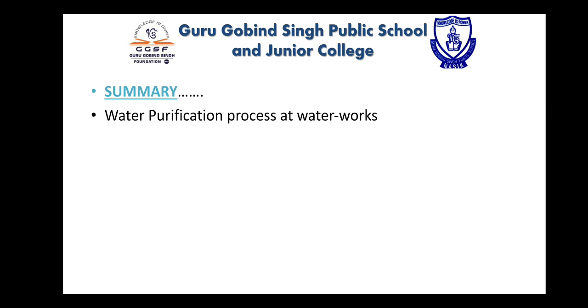In settling, we are using alum also to settle down all the suspended particles in the water. Then filtration. In filtration, we are passing that water through a small pore size by using sand and gravel. Then oxygenation.